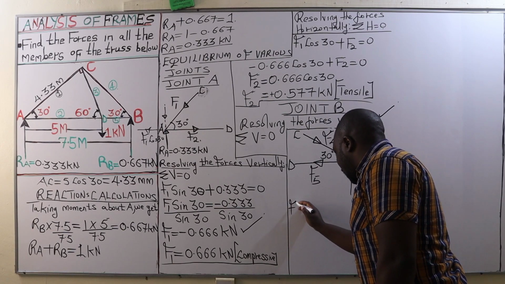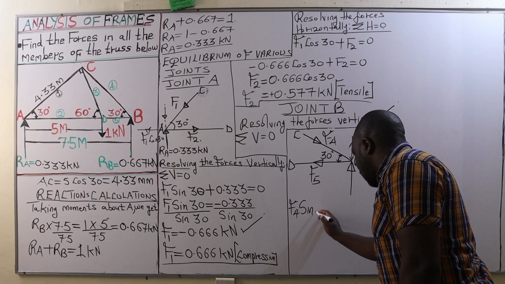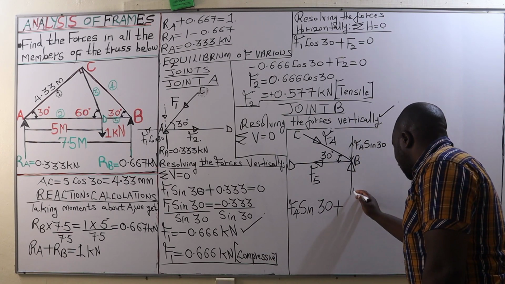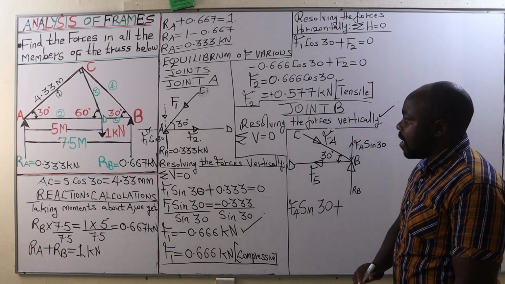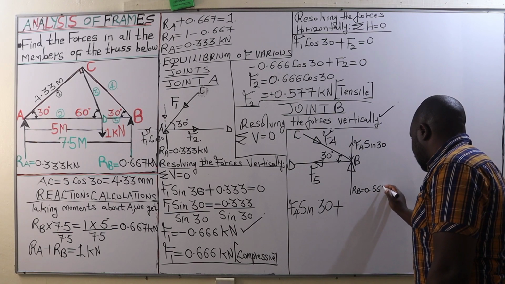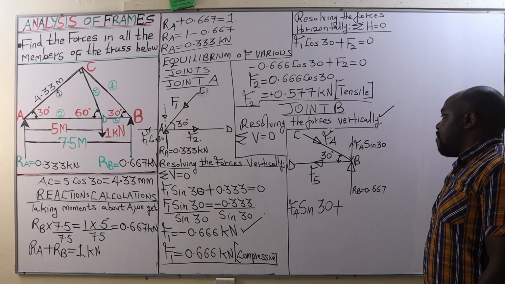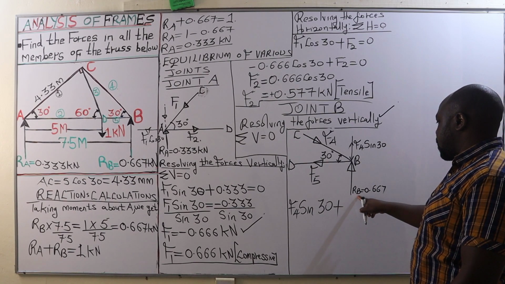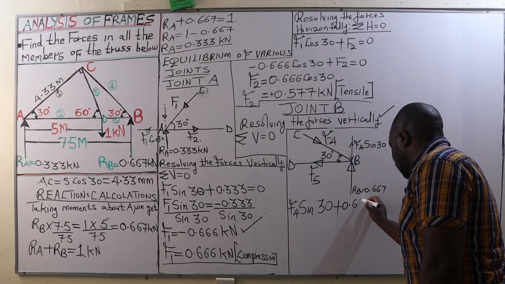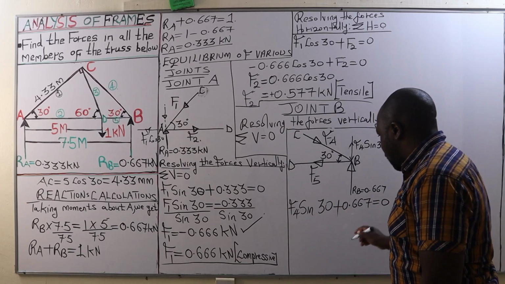Therefore, we have F4 sine 30, a downward acting force, plus the reaction at B, RB, which is 0.667 kilonewtons, equal to 0.